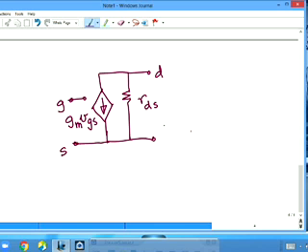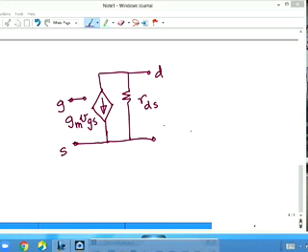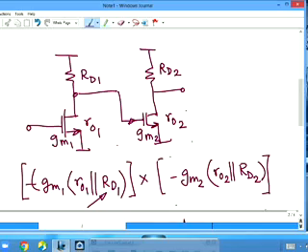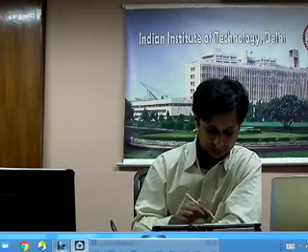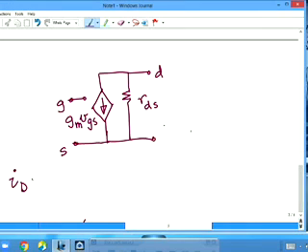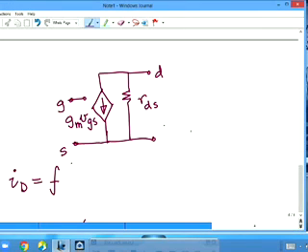Another way to think about it is using Taylor series. So you know that ID is some function of VGS and VDS.